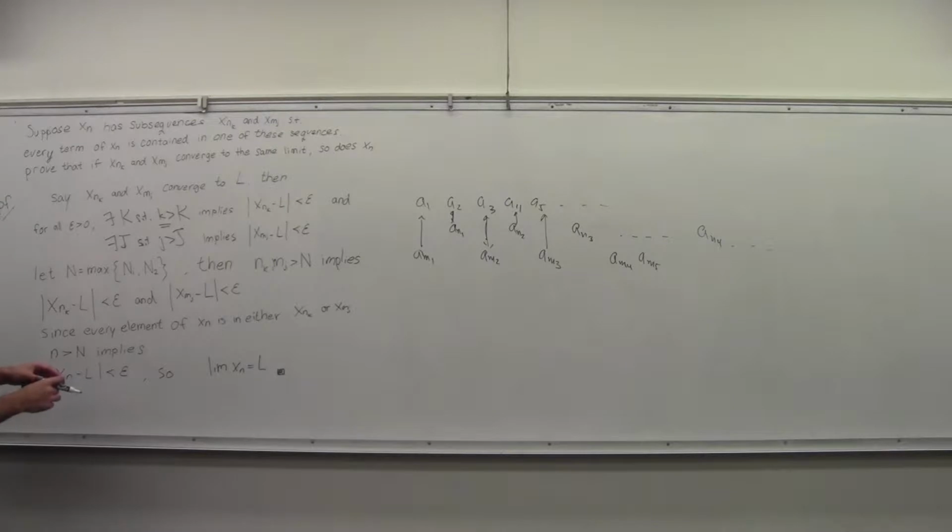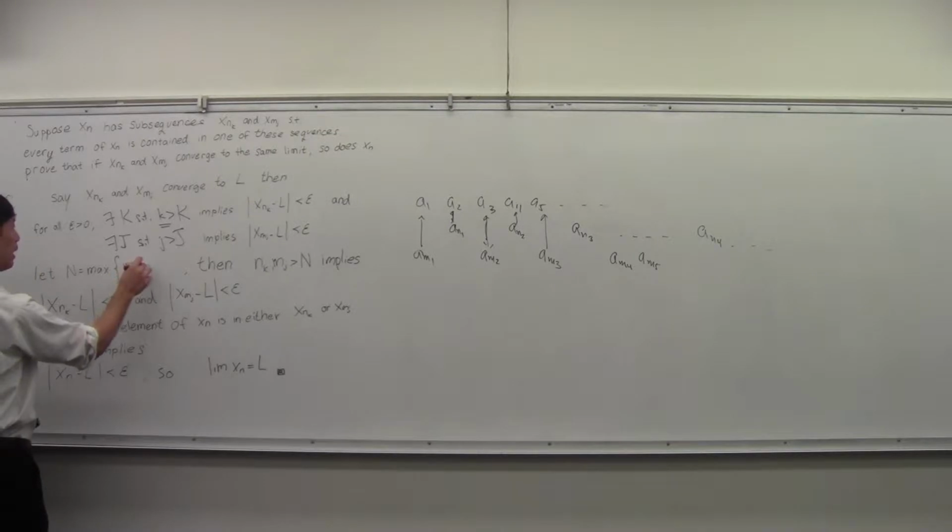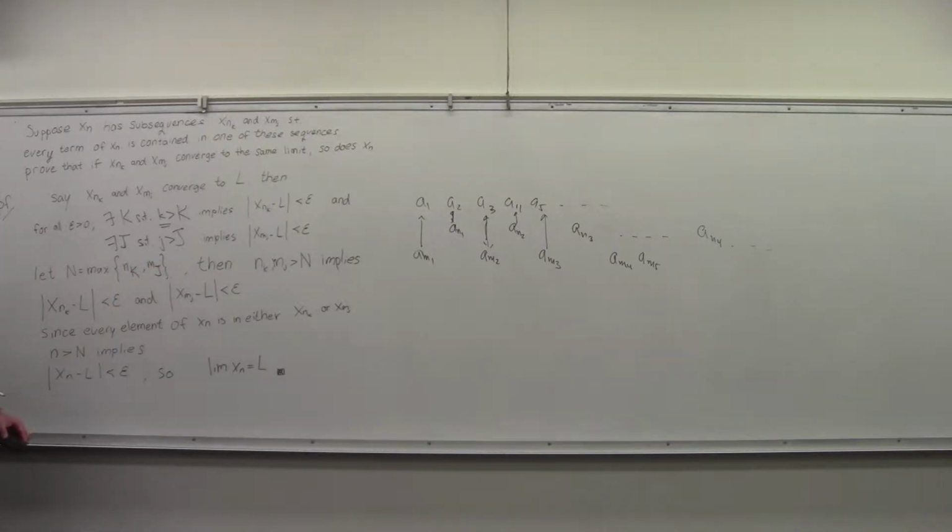And then just change the max, yeah, then the max would be not kj, but in fact it would be n capital K and m capital J, right? As long as you're bigger than that, right?